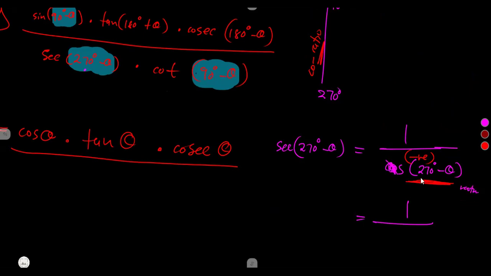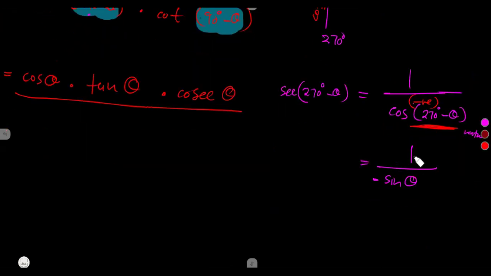We remove the co because it's already there. So it was going to be sine of theta, but as a negative. Remember I said the sine of a ratio is the sine of the co-ratio. So we are asking ourselves now, what is 1 over minus sine theta? 1 over minus sine theta. Remember, 1 over sine is what? It's a sec.